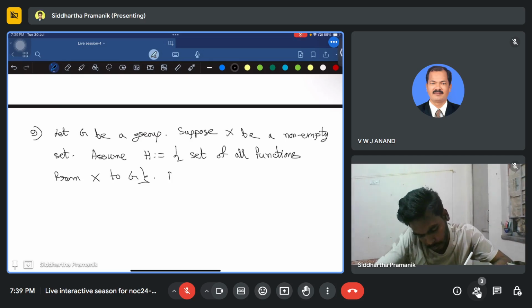Now this set H will form a group under the following operation.